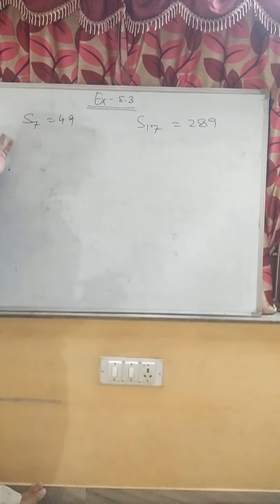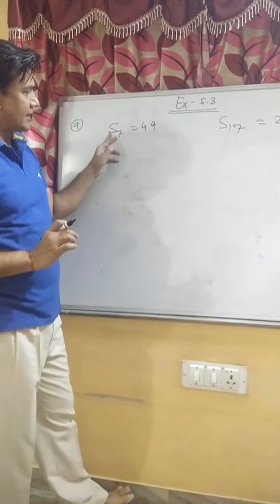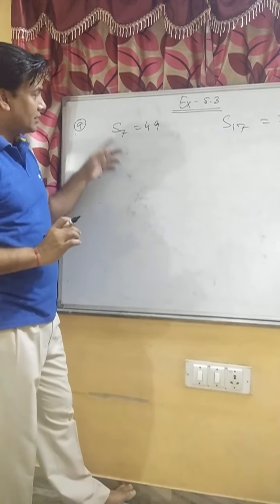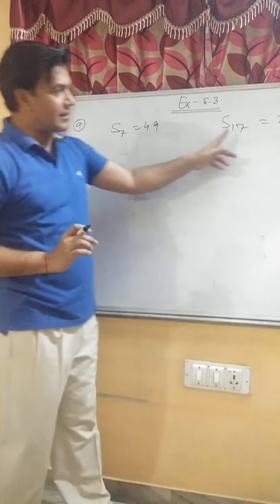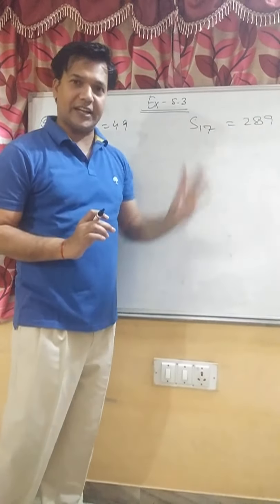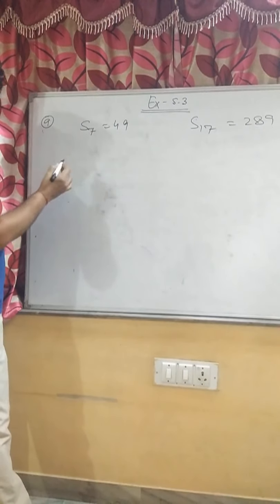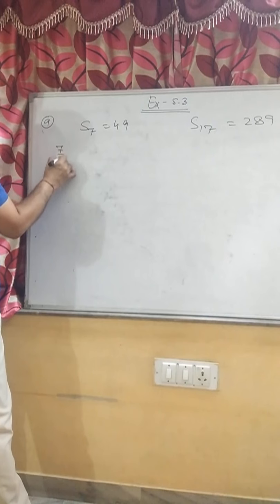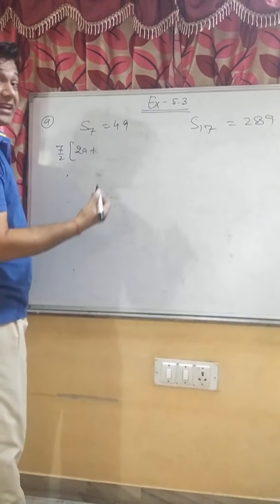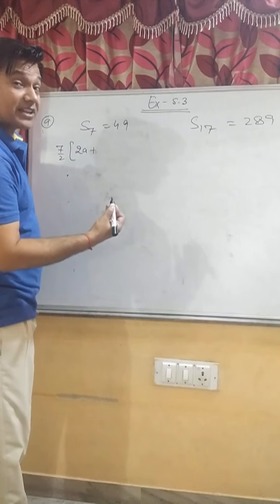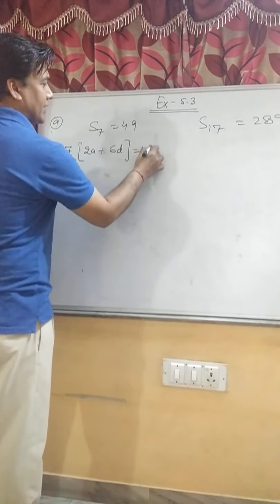Now we are discussing the ninth problem of this exercise. In this problem, the sum of 7 terms is 49 and the sum of 17 terms is 289. According to the formula, the sum of 7 terms is given by 7 by 2 bracket 2a plus n minus 1, that is 7 minus 1, 6, d, equals 49.